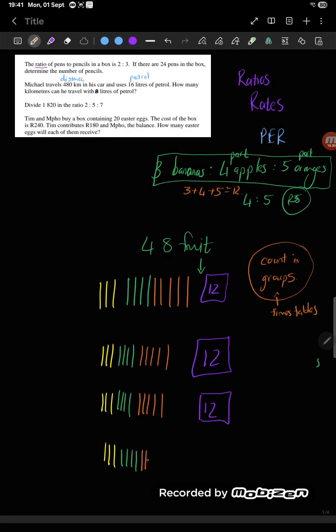Then I go 1, 2, 3, 4, 5. And I've got another 12. It's much easier to say, I've got 12 in total fruit in this ratio of 3 to 4 to 5.